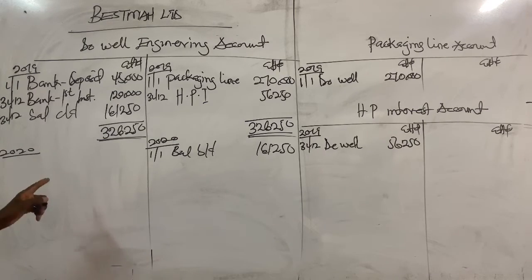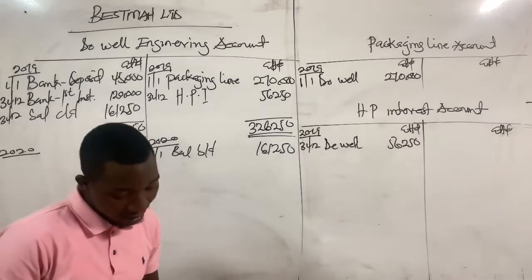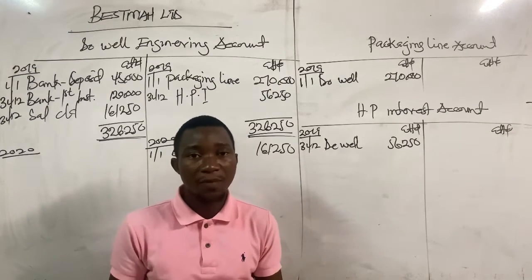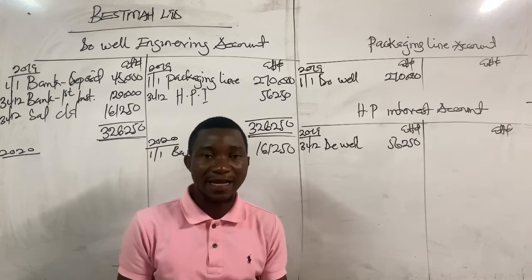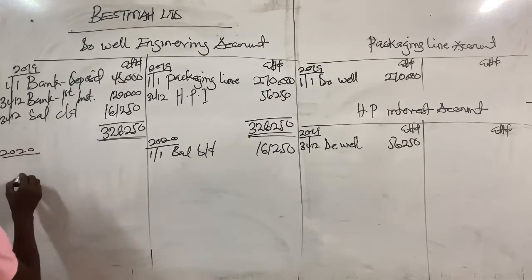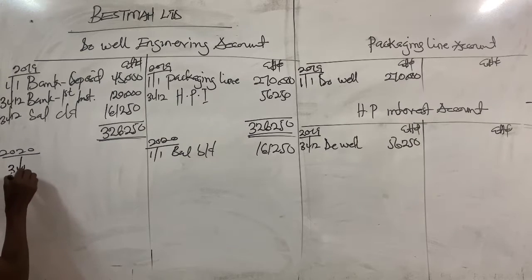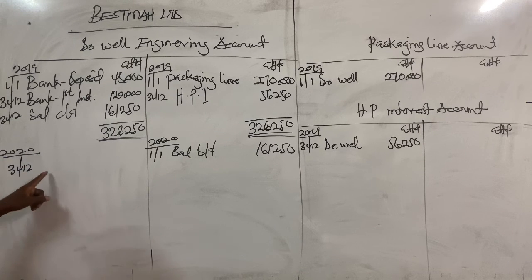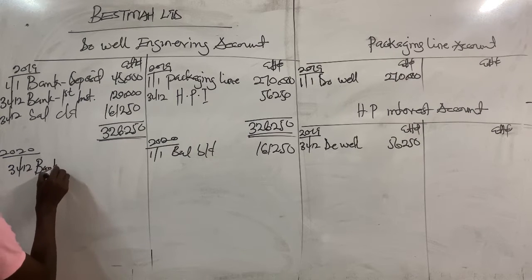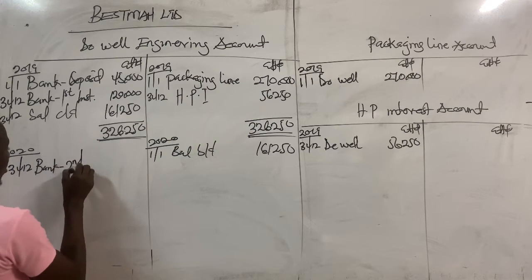But remember that for 2020, from the question, there is also an installment payment. Okay, and this installment payment has been made at the end of 2020. So as at 31st of December, there is also an installment payment. So let's say bank, through bank, but this is a second installment.